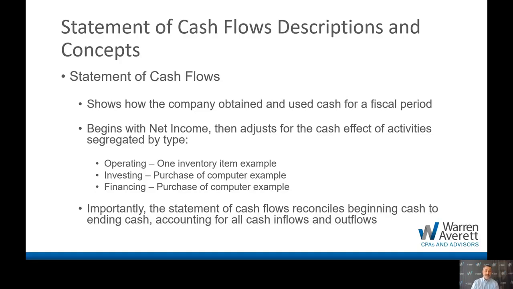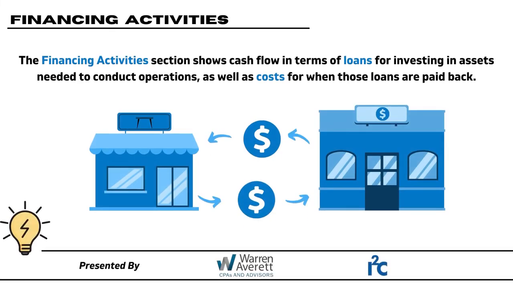Importantly, the statement of cash flows reconciles beginning cash to ending cash. And that's how we know that it includes all cash activity for the company. Because if we start with the company's beginning cash at the beginning of the period, and then we show all of the activity, cash flows in and out, it should equal ending cash at the end of the period.